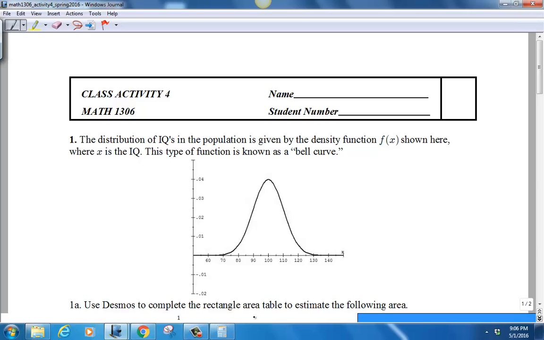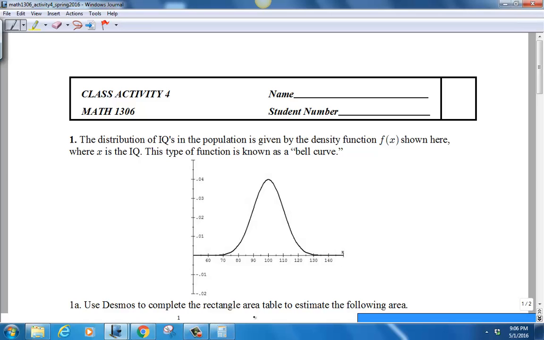And notice that this density function has a very symmetric shape. This is a very famous type of density function known as a bell curve, okay? Often when you observe the IQs of a population of adults, you will get a distribution of those IQs following such a bell curve.